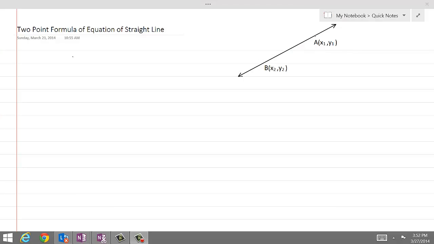In this lesson, we will learn to derive the equation of a straight line when we are given 2 points on the line.